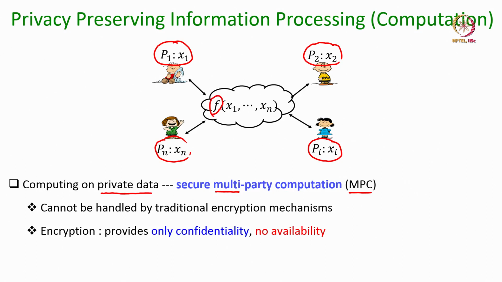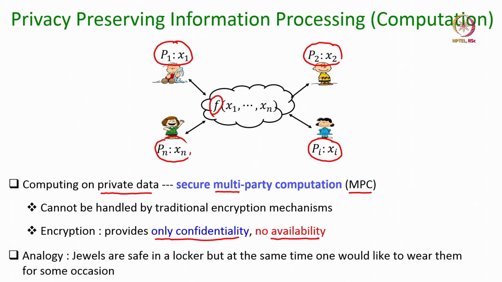So, in some sense encryption solves the problem of confidentiality, but it does not make the data available so that computation can be carried out. So, it looks like the secure MPC problem has two conflicting goals.